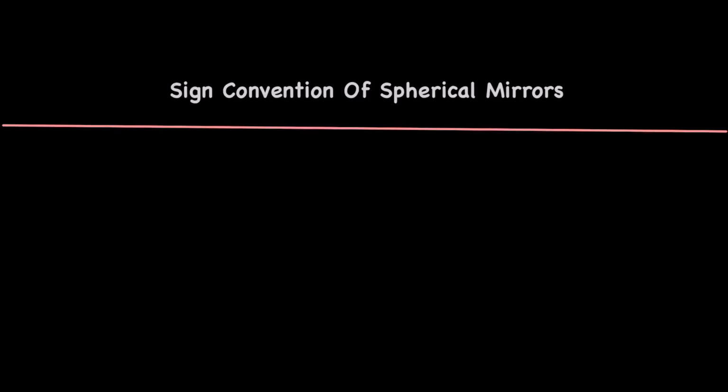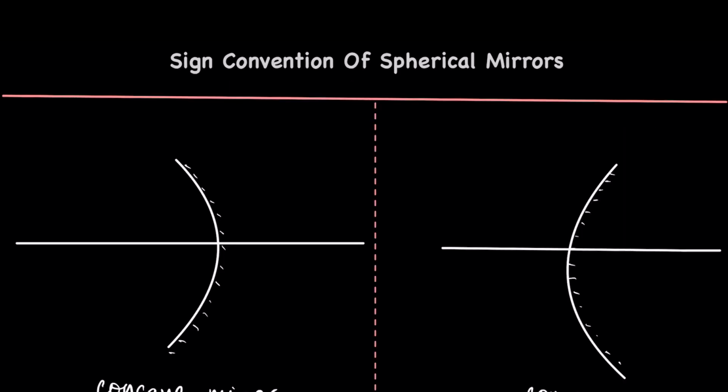In sign convention, we need to remember certain rules. So this is a figure of concave mirror and convex mirror. We can name the pole, focus, center of curvature.